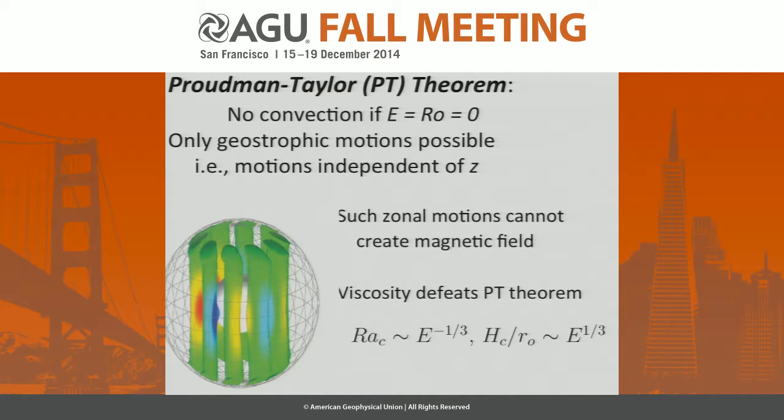So the Rayleigh number, that's the measure here of the convective drive, increases enormously, by a factor of 10 to the fifth. So it is a really difficult problem to get over.